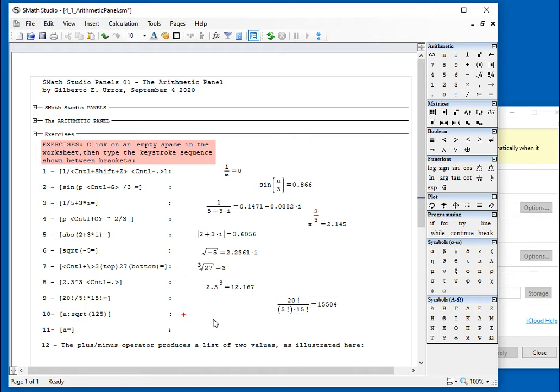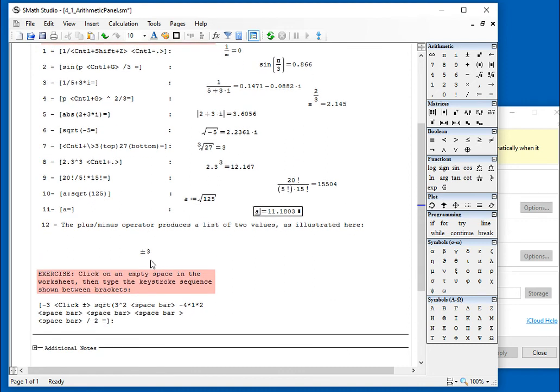The next one, we make an assignment A, colon, square root of 125. We can use the equal sign here to obtain that result. Or we can just keep it as the definition, and then in the next line say A equal. It will show the value stored in A.